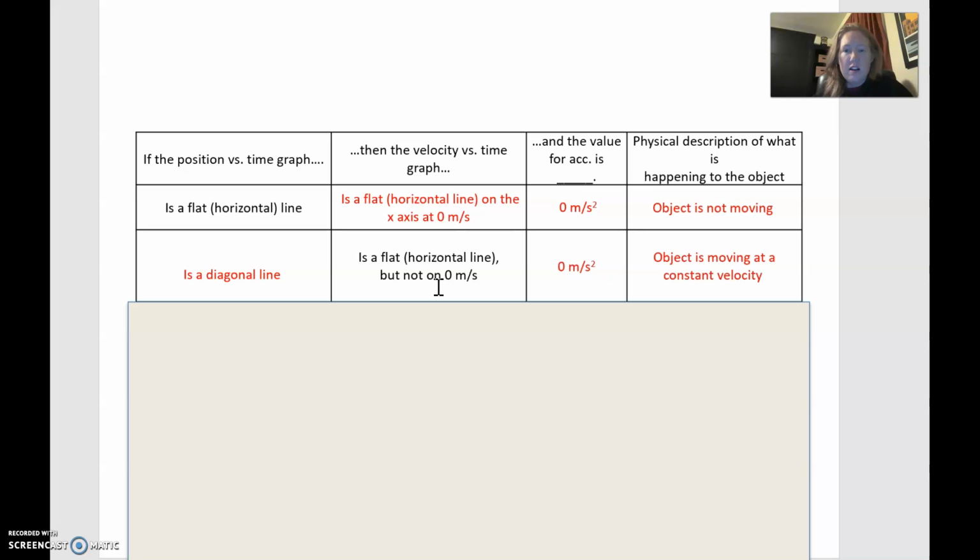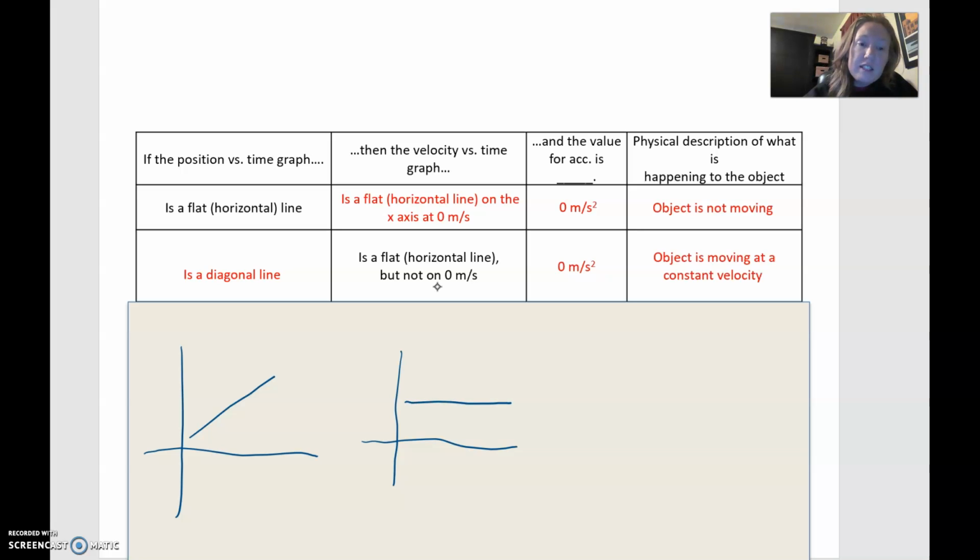Okay, so let me see if I can draw in here with my pen. The position time graph might look like a diagonal line, and then the velocity time graph is going to look like a flat line, because if this one has a slope of, let's say, 2, then this one is going to have a velocity of 2.